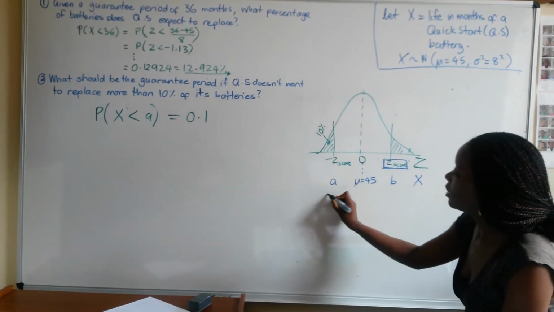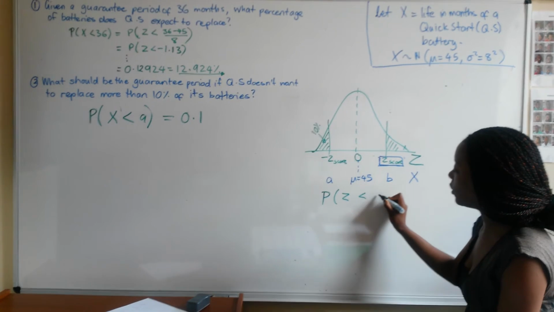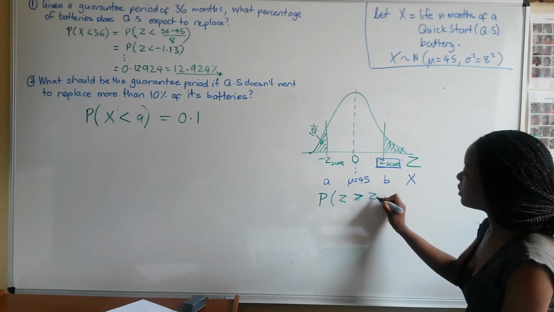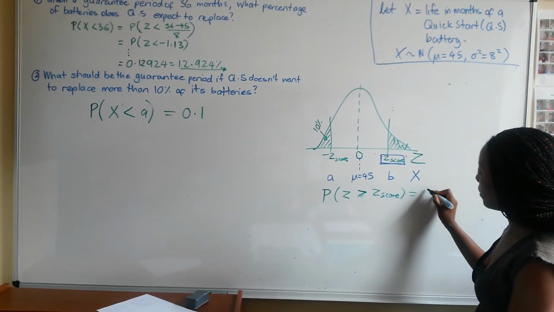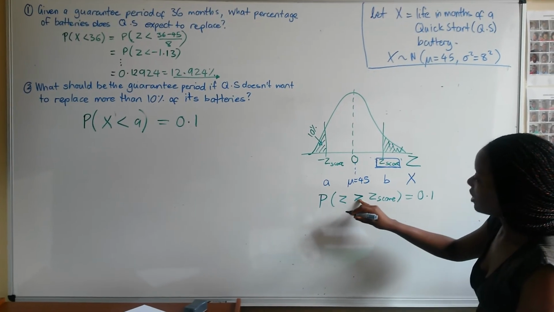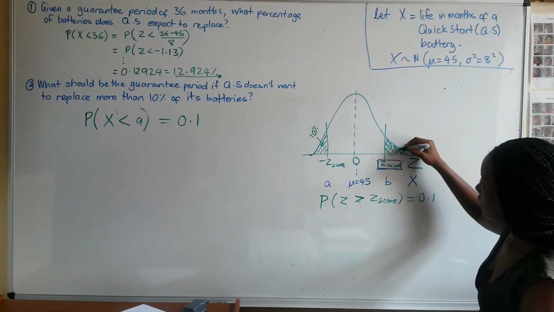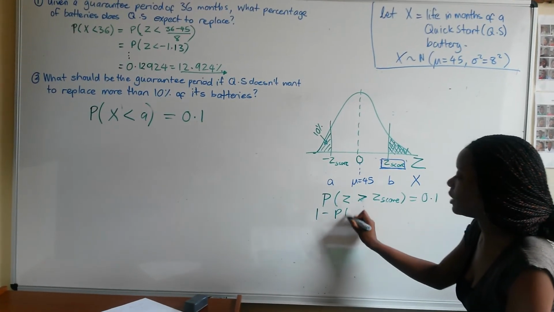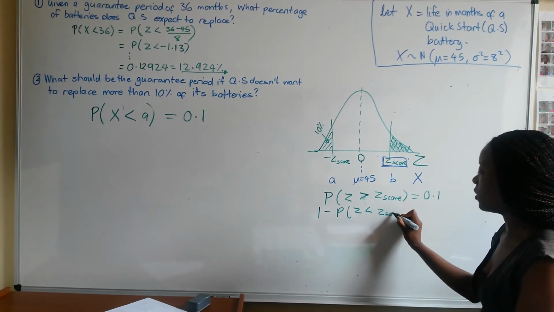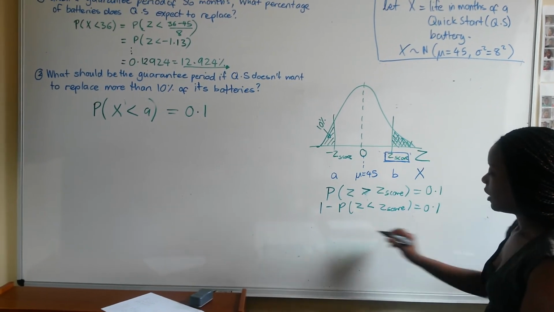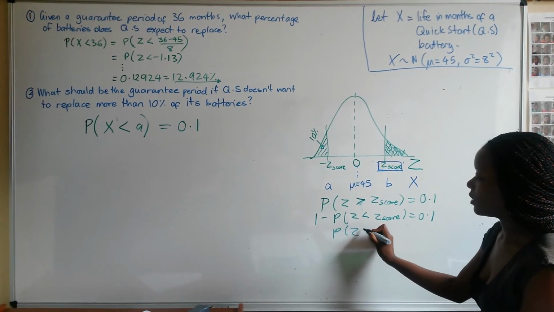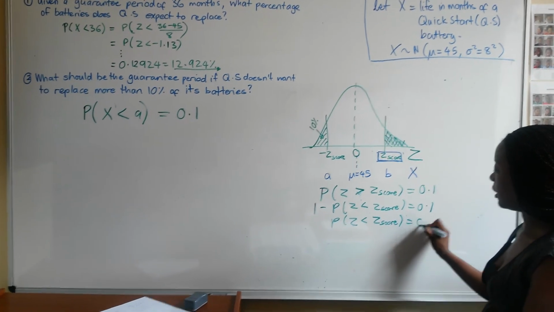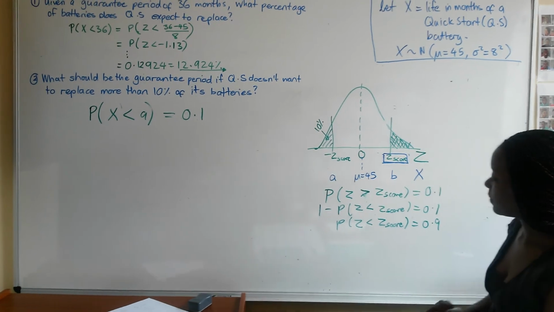So we want to find the probability that Z is above, okay, in this area, Z is above some Z score. That probability is going to be 0.1. Because our sign is facing the wrong way, okay, we want this area, and our tables actually give us the other side. We have to say 1 minus the probability that Z is less than that Z score. If we move things around, as we've been doing in class, we end up with that Z score being 0.9 on that side, okay?